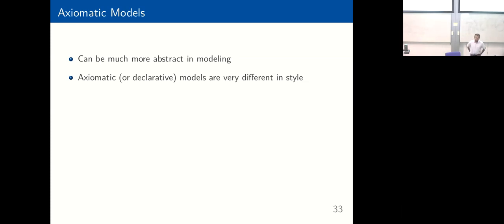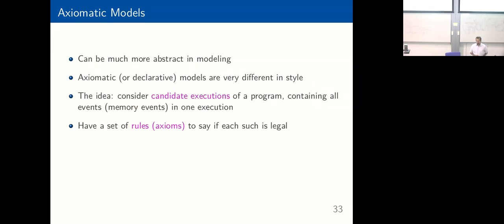So what's axiomatic models then? So axiomatic models, they are a much more declarative style. They're phrased in a much more declarative style than the kinds of modeling we were doing yesterday when, you remember, we were talking about abstract machines. So the idea of axiomatic memory models is to consider the set of executions of a program, or I should say candidate executions.